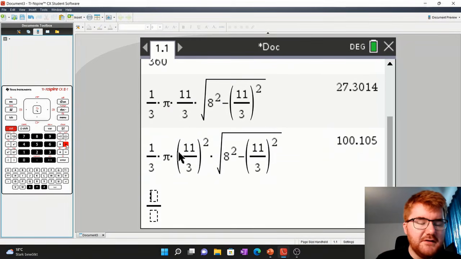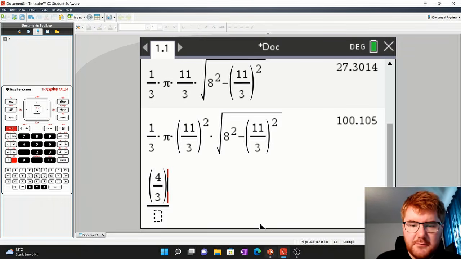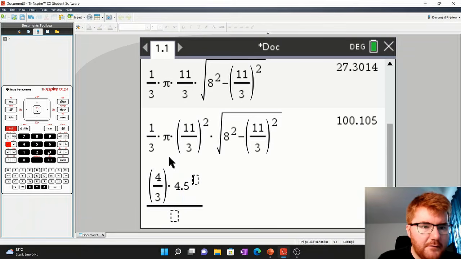Okay, so we want open brackets, 4/3, like so. Let's check the calculation of putting in 4.5 cubed, 4.5 to the power of 3, divided by 36.